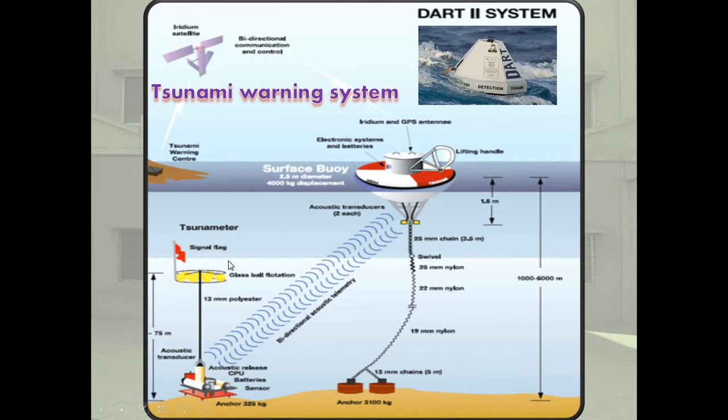Okay, and this is a signal flag, and this is a glass ball flotation, and this is 12 mm polyester. Okay, 12 mm. This is the satellite. So these all systems are connected to each other and transmit these signals to the tsunami warning center.